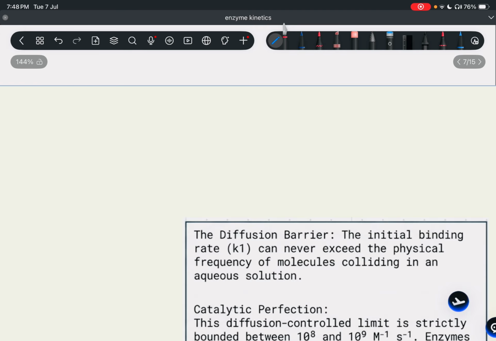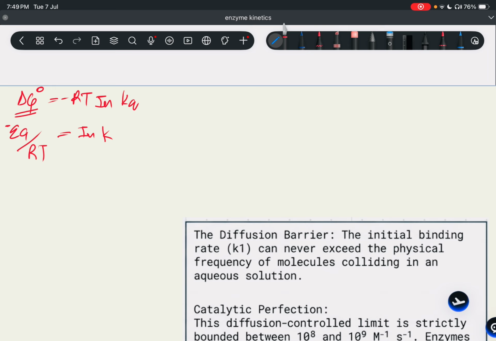Now the next thing that I have to come with is, last time we talked about free energy change. So in equilibrium condition, there's an equation like this. Let's say it is activation energy. I think this won't be an issue for us.